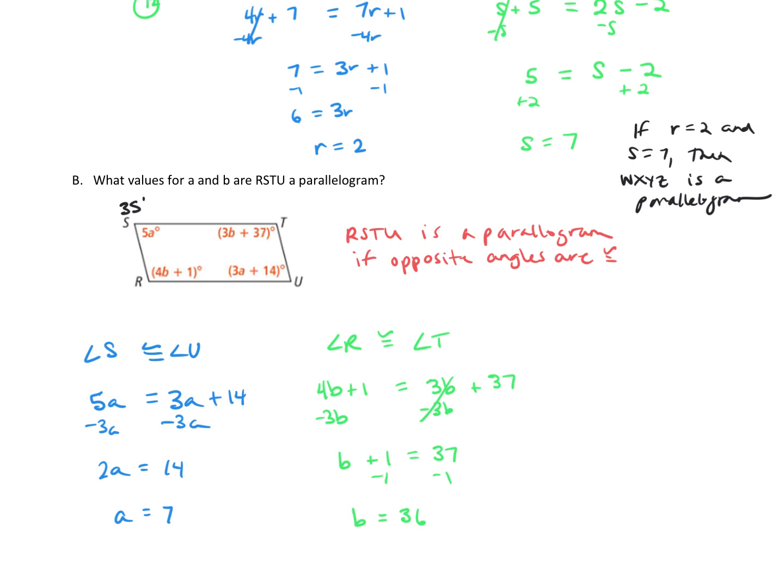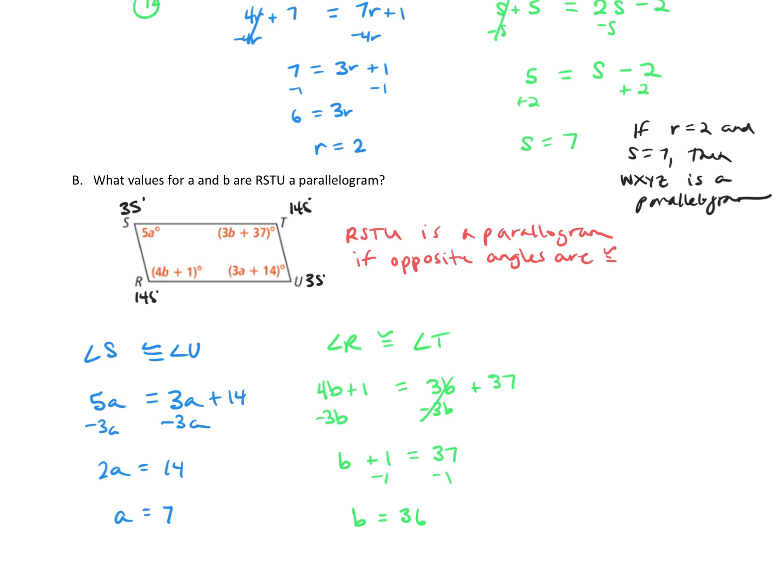Down here, 3 times 7 is 21, plus 14 is also 35 degrees, so those opposite angles are congruent. And then if B is equal to 36, 4 times 36 plus 1 is 145 degrees. And at angle T, 3 times 36 plus 37, we get 145 degrees. So we can see that opposite angles are congruent.